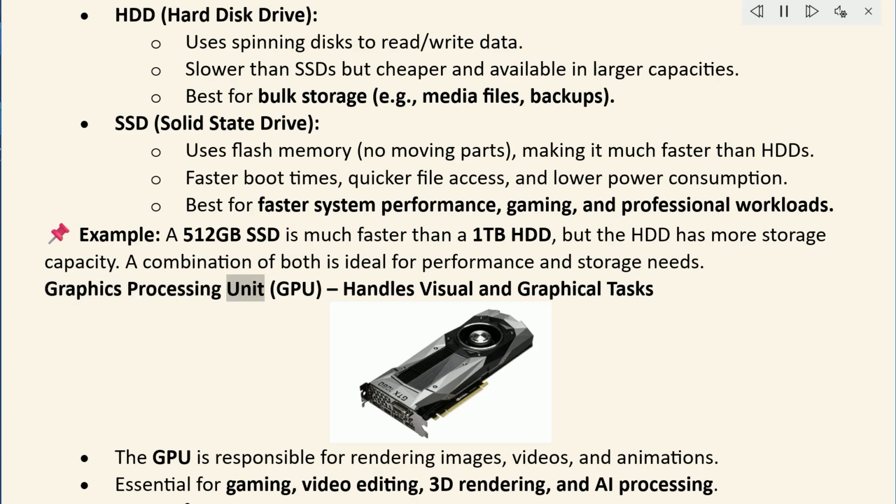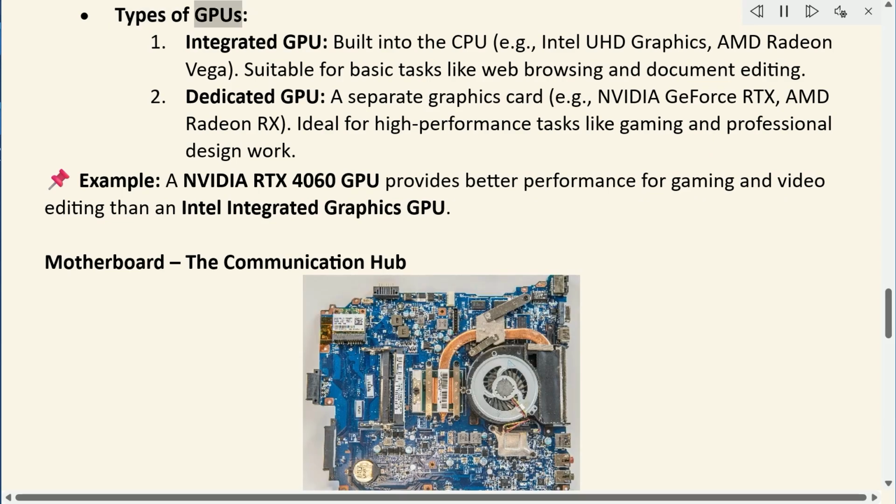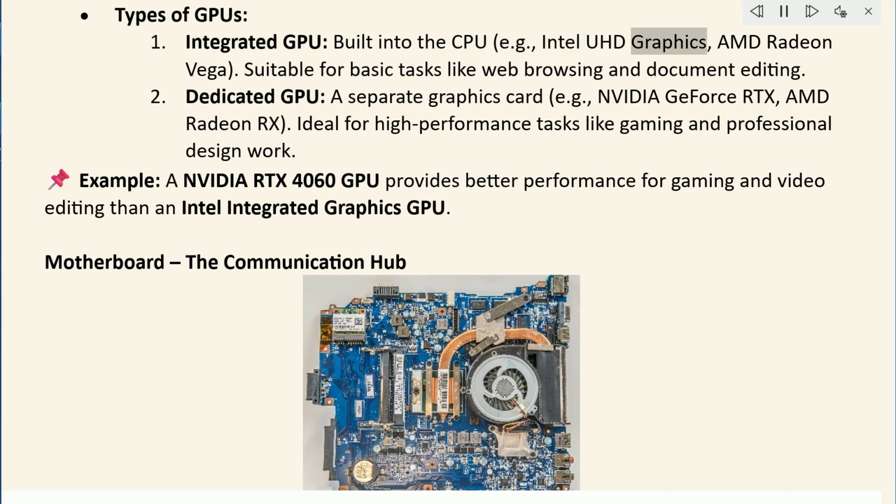Graphics Processing Unit, GPU, handles visual and graphical tasks. The GPU is responsible for rendering images, videos, and animations. Essential for gaming, video editing, 3D rendering, and AI processing. Types of GPUs. Integrated GPU, built into the CPU, e.g., Intel UHD Graphics, AMD Radeon Vega.